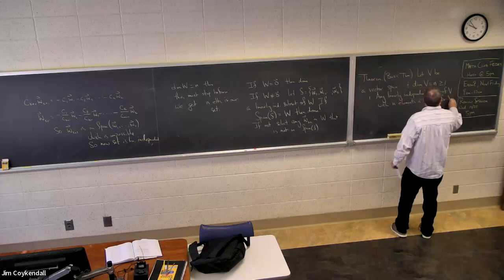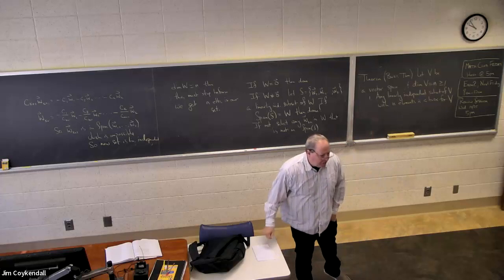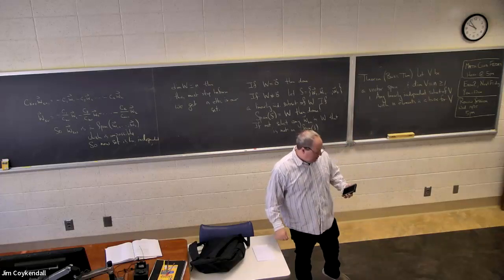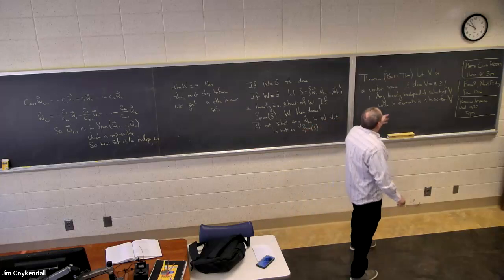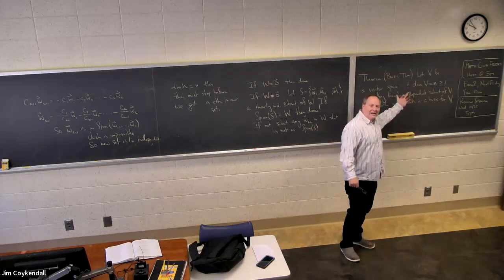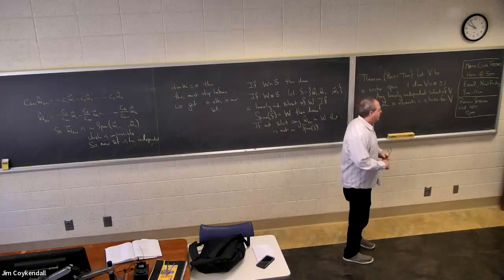So notice this theorem tells you that if you know at the outset this is an n-dimensional vector space, and you find any linearly independent set that has precisely n elements in it, it's a basis, automatic.